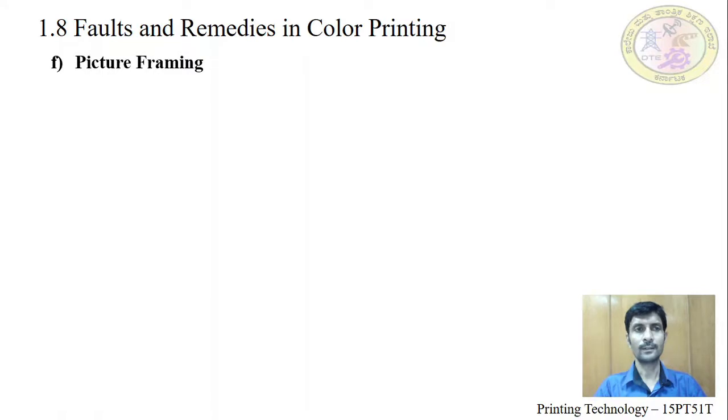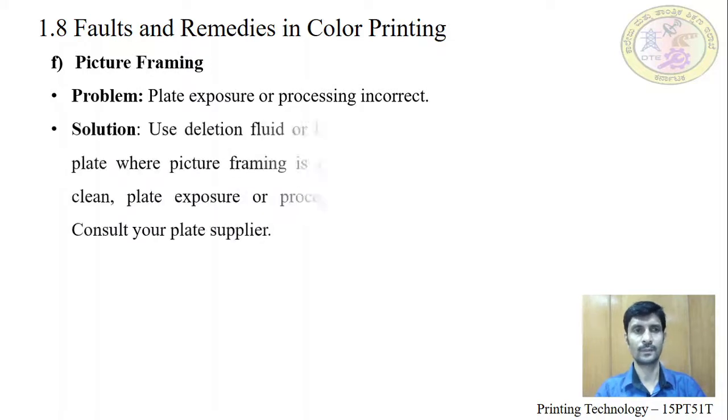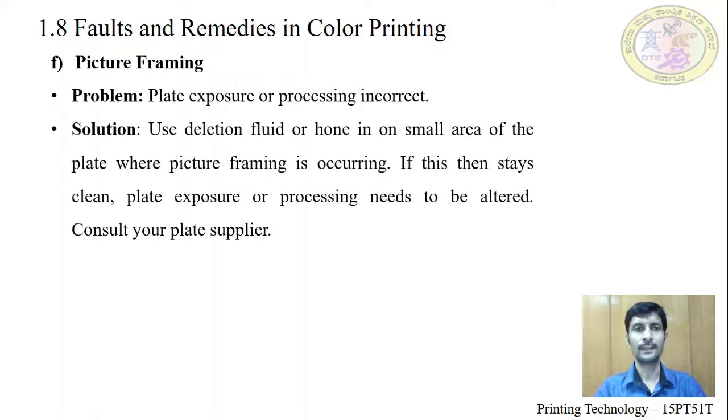The fault of picture framing. Why does it occur? The reason is that plate exposure or processing is incorrect during the plate processing time. The solution is to delete the fluid or hone one small area of the plate where the picture framing occurs.